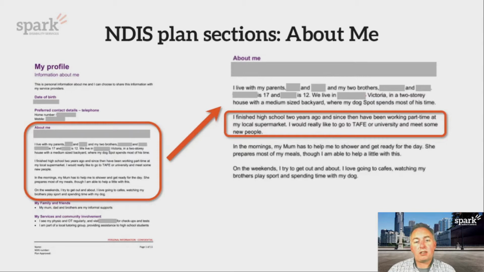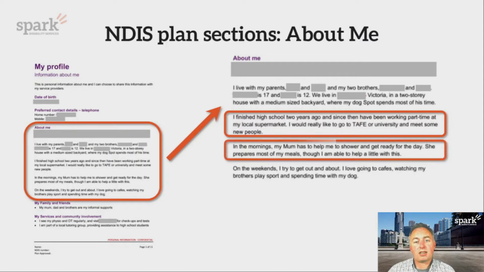In terms of the NDIS, the local supermarket, the person's boss or their manager at that supermarket represents a community support, because that manager has an obligation to make adjustments to the way the person does their work at the supermarket to help them to do that work effectively and successfully.